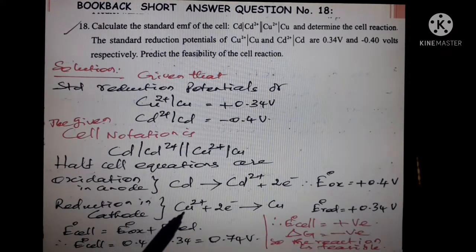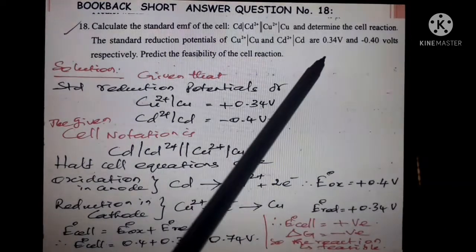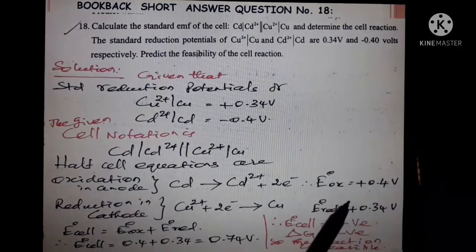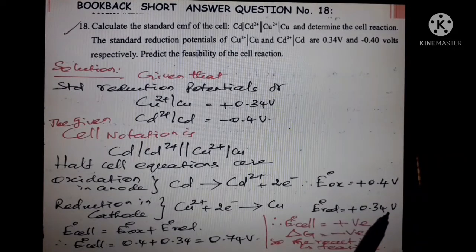Next, reduction at the cathode. Copper 2 plus accepts 2 electrons from cadmium and changes to copper. The reduction potential is already given, plus 0.34 volt, the same value. We know the formula: E0 cell is equal to E0 oxidation plus E0 reduction.